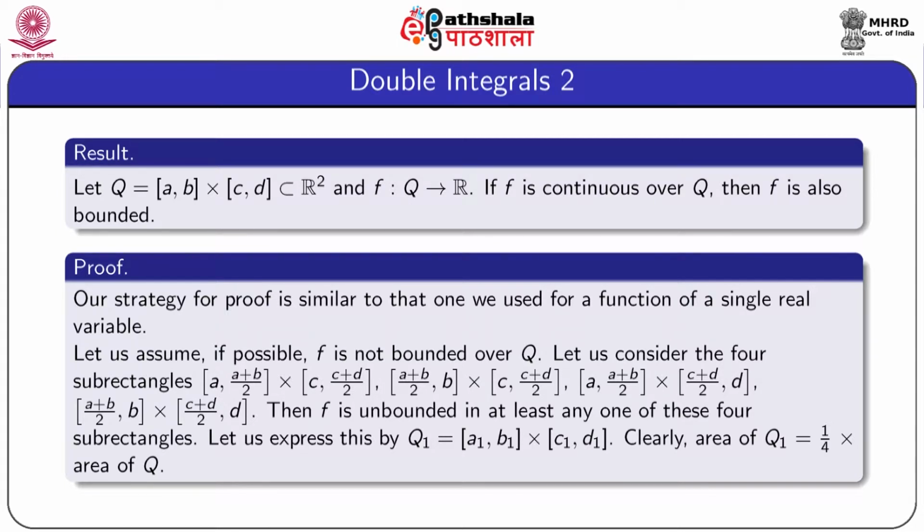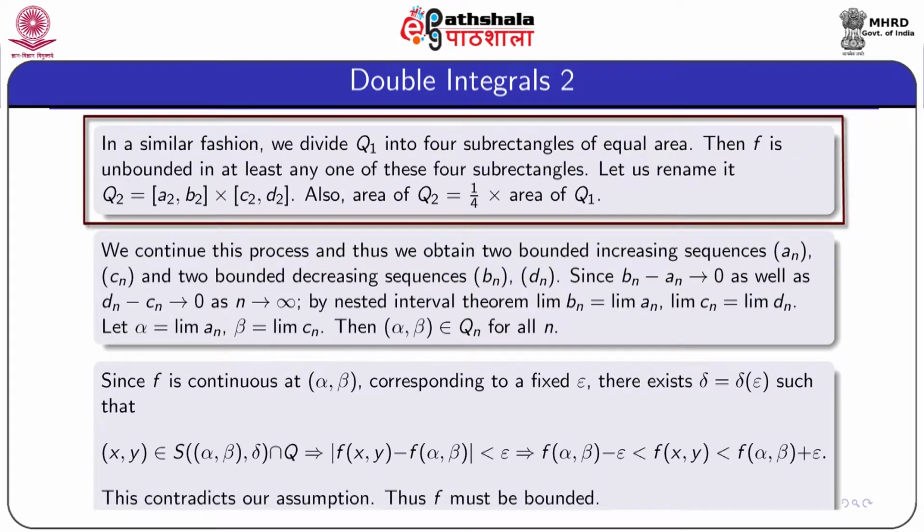Let us assume, if possible, F is not bounded over Q. Let us consider the four subrectangles [A, (A+B)/2] Cartesian product [C, (C+D)/2], [(A+B)/2, B] Cartesian product [C, (C+D)/2], and similarly the other two. Then F is unbounded in at least one of these four rectangles. Let us express this by Q1 equal to [A1,B1] times [C1,D1]. Clearly, area of Q1 equal to 1/4 area of Q.